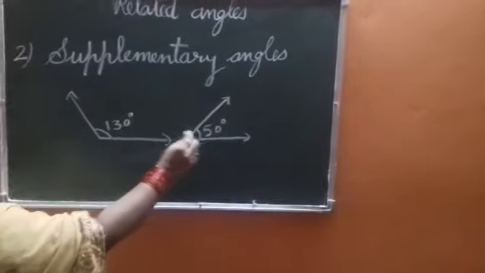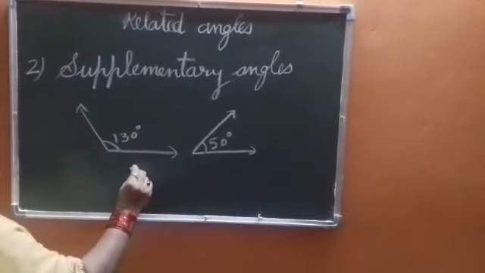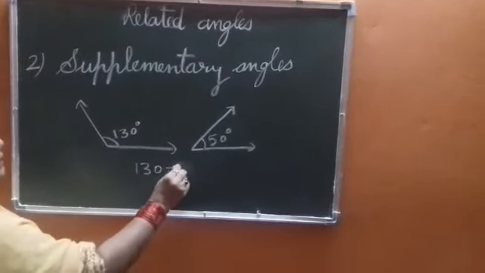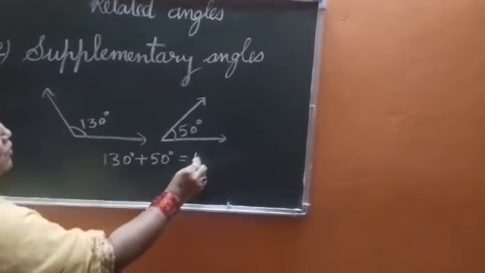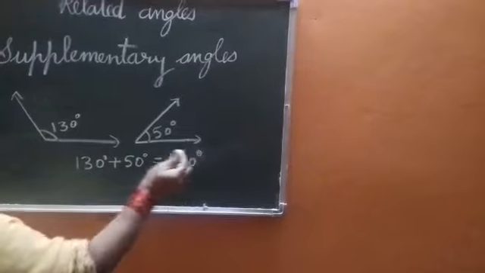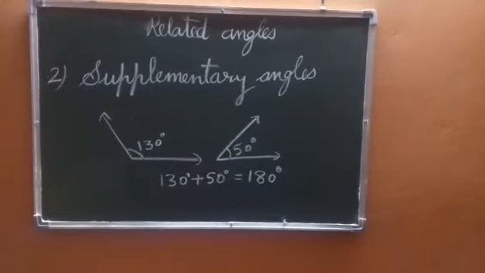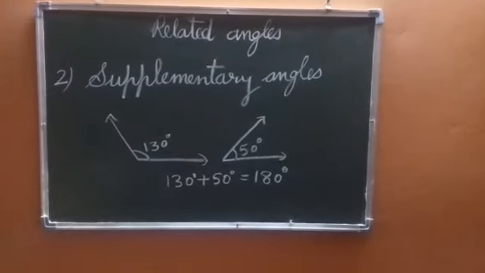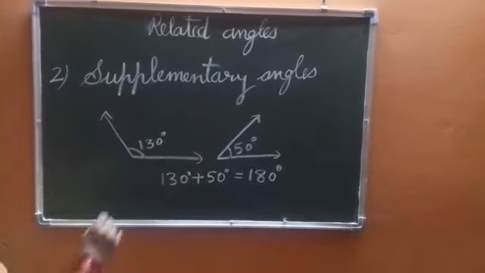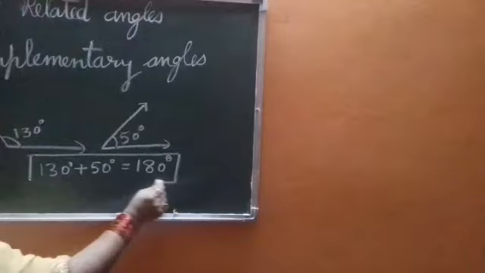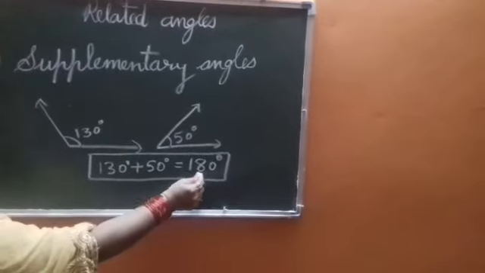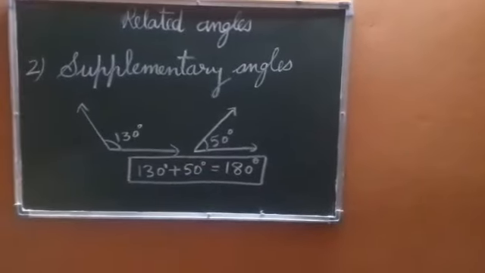When we add these two angles, 130 plus 50 degrees, we get a sum equal to 180 degrees. These types of angles are called supplementary angles. It means the angles whose sum of measures is equal to 180 degrees are called supplementary angles.